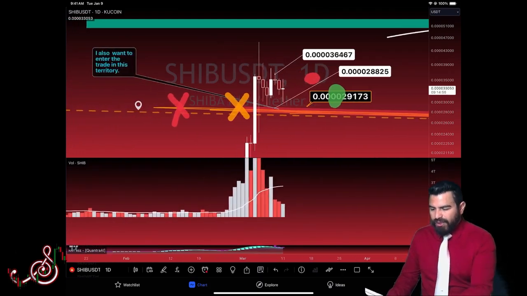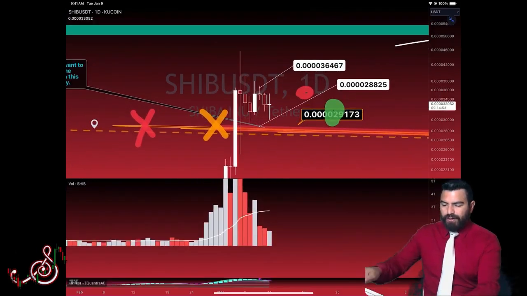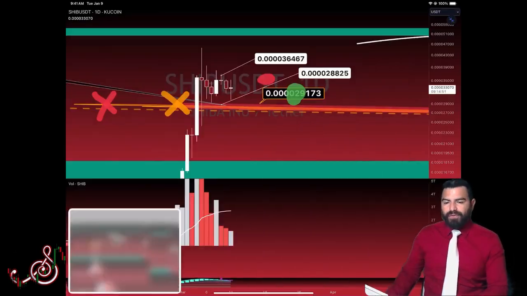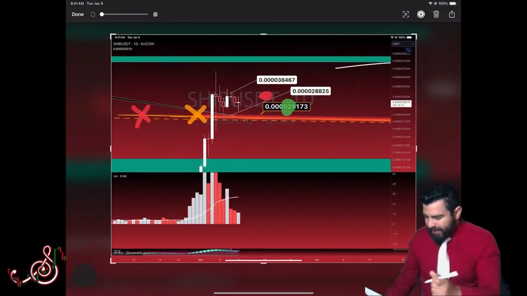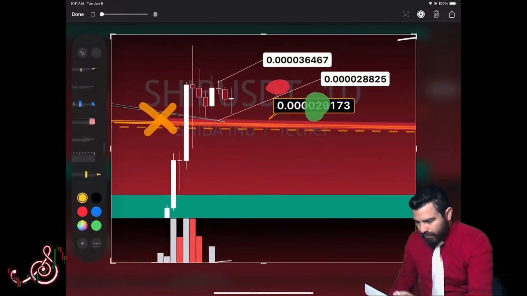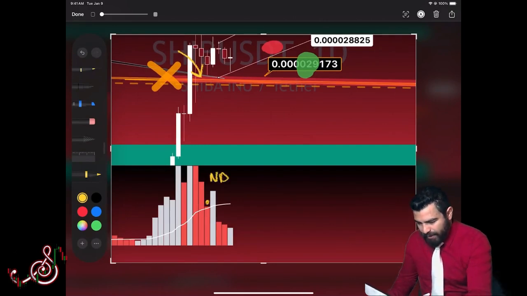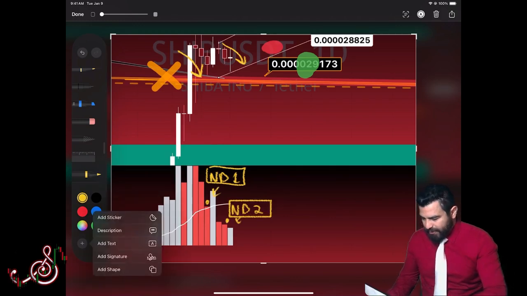Look at the ultra low volume. So let's mark this and keep this for your record. No demand, number one. And here we go down again. No demand, number two. Let's put a text. This is a bullish signal.